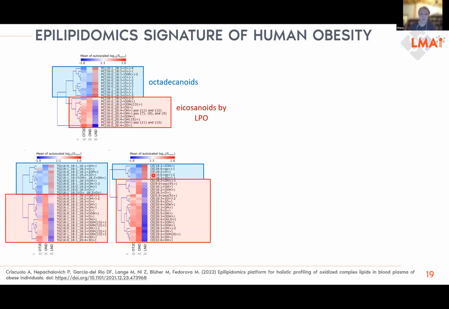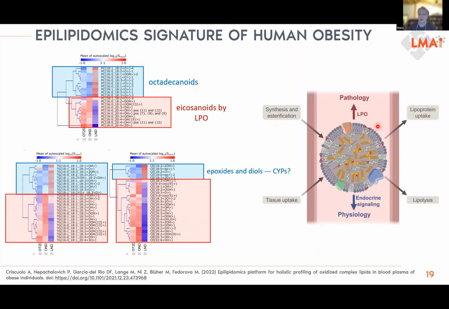For instance, here it was also interesting if we look at the pattern of modified cholesterol esters in lean individuals, we see here mostly epoxide and diols. And this also points out that epoxide diols are usually classical products of cytochrome P450 driven oxidation, for instance, in liver. So maybe this is coming from the liver in the physiological condition and have certain functions.